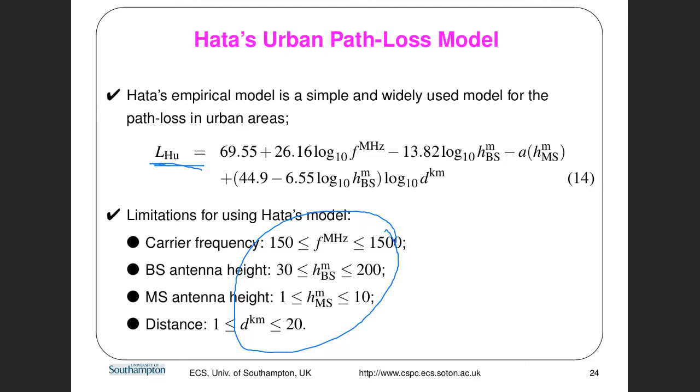So for this equation, there is a correction factor here. This model is measured in an urban environment, but it doesn't fit all the scenarios. So this correction factor would help you to fit this equation to different scenarios.